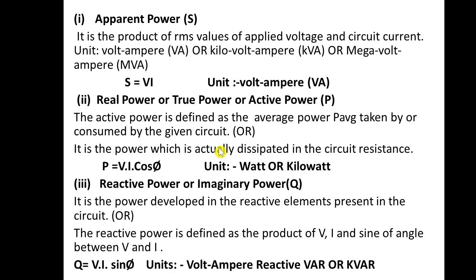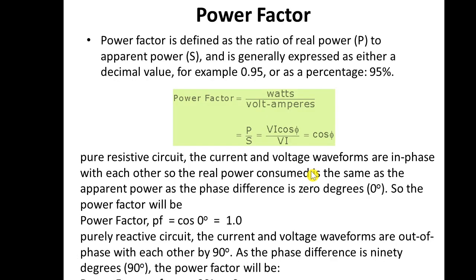The formula is P is equal to V into I into cos of phi, the phase angle. The unit is the watt, and you can also say kilowatt.